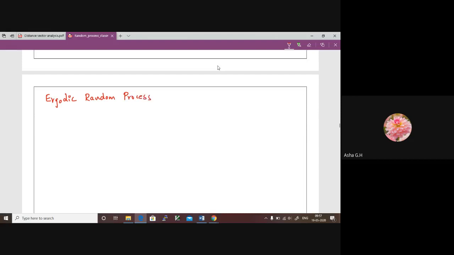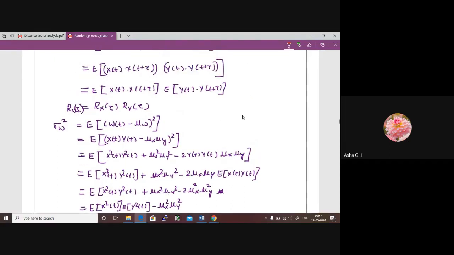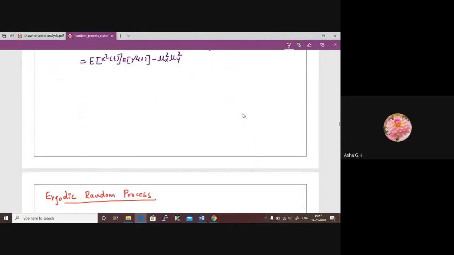Okay, before we go ahead and discuss this one, I'll just give you one example. Please try to take this. Example number 1, you can just try it later. It says, let x of t equal a cos(omega 1 t plus theta 1).